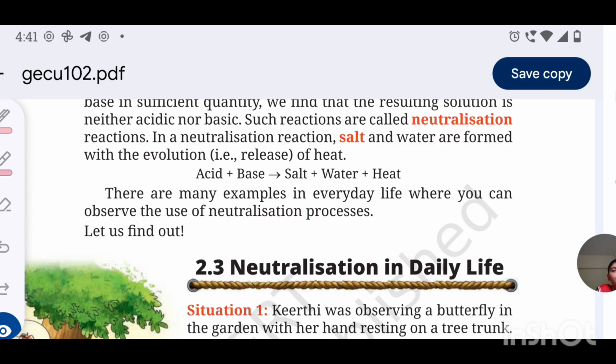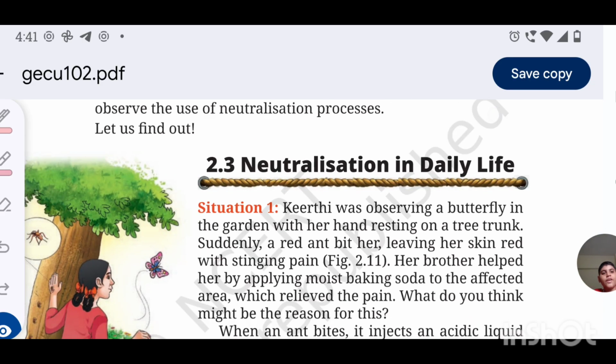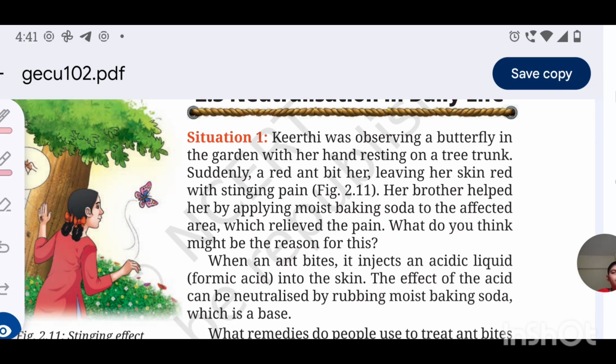There are many examples in everyday life where you observe the use of the neutralization process. Neutralization in daily life. Situation 1. Kirti was observing a butterfly in the garden with her hand resting on the tree trunk. Suddenly a red ant bit her, leaving her skin red with stinging pain.